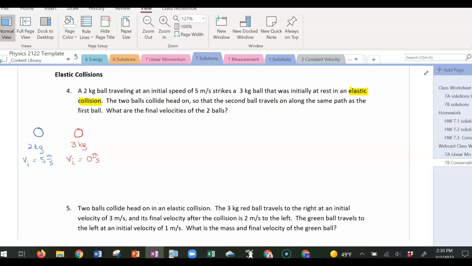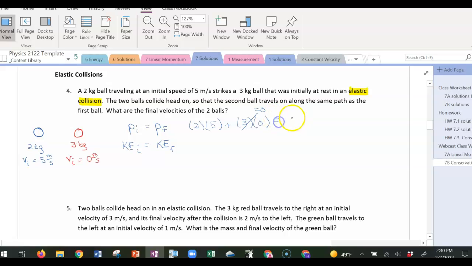Okay, so since it's elastic, I know that the initial momentum equals the final momentum, and I also know that the initial kinetic energy equals the final kinetic energy. They are both conserved. So let me make an equation here for the momentum. So I had a 2 kilogram ball that was traveling at 5 meters per second, plus a 3 kilogram ball that was at rest. Okay, so this term equals 0.